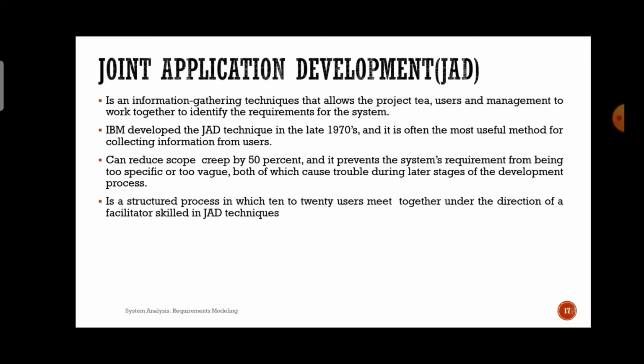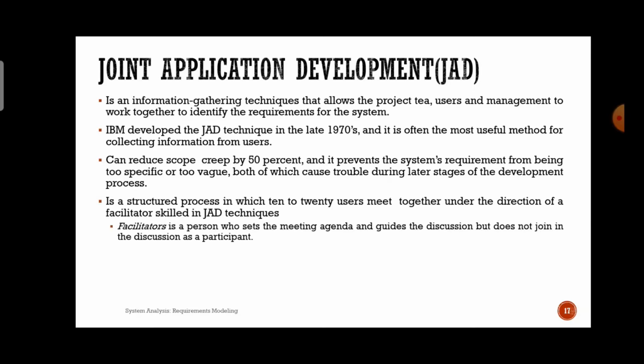So JAD is a structured process in which 10 to 20 users meet together under the direction of a facilitator trained in JAD techniques. The facilitator is a person who sets the meeting agenda and guides the discussion but does not join the discussion as a participant.